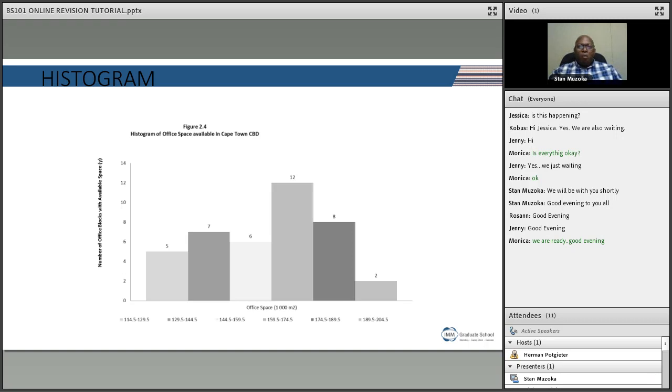So the most common way of presenting data that is grouped is by using the histogram. But I'm saying to you, we've seen a lot of questions in past examination papers, as well as in assignments, where we've asked to draw a bar graph to represent that data.